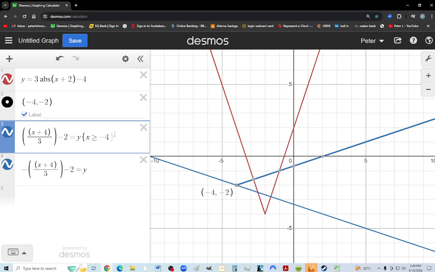There we go. And we'll put the same restriction on this one. Without the domain restriction, the drawing doesn't work. It's because it's essentially 2 lines that you're restricting the domain on. And that's one way of doing the inverse of an absolute function.